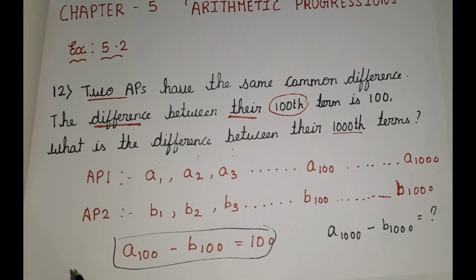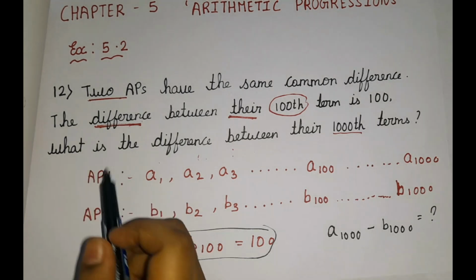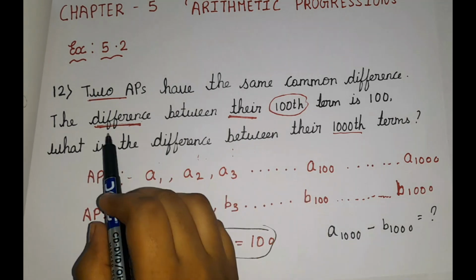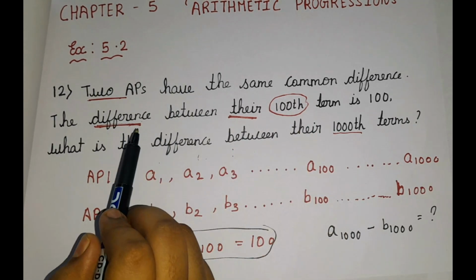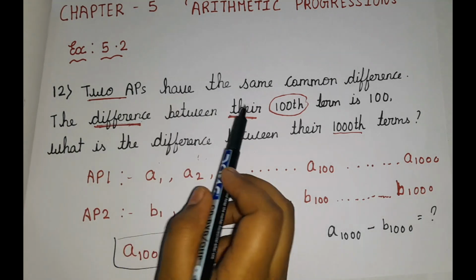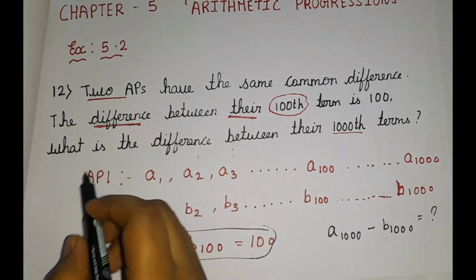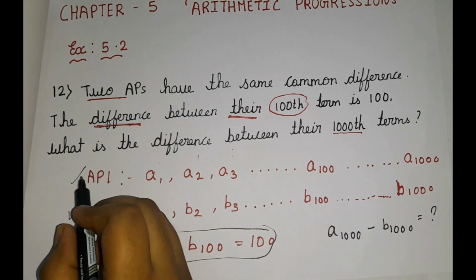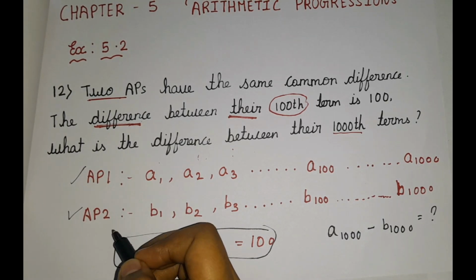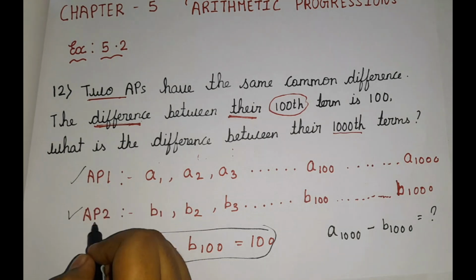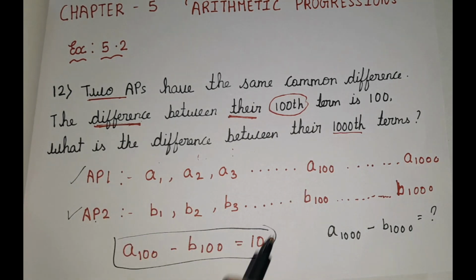Okay, all right. So now of course you guys know how to solve this type of question, isn't it? The only thing is you should understand the statement. So here the difference between their 100th term is 100. They mentioned both the APs, that is AP number 1 and AP number 2, and in both the APs the difference between the 100th terms is 100.